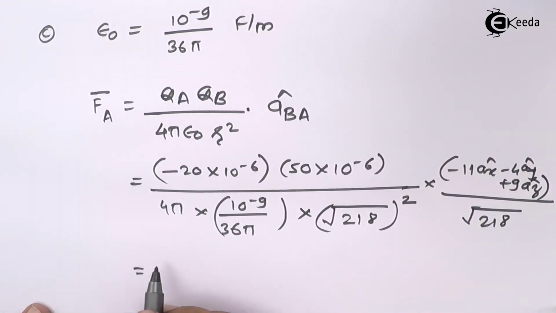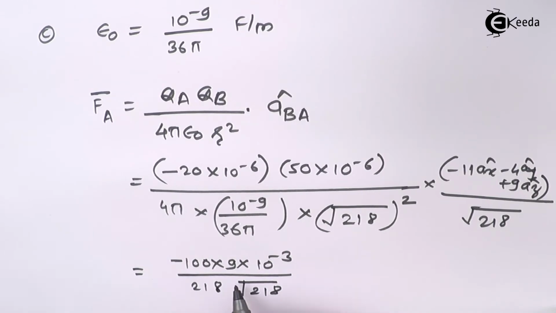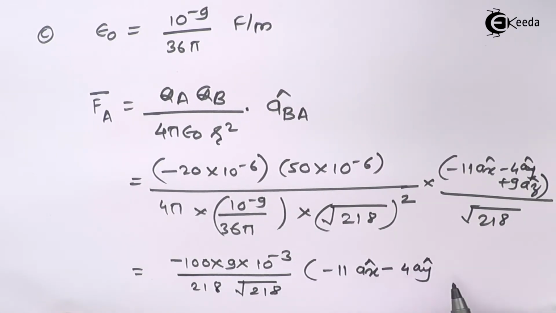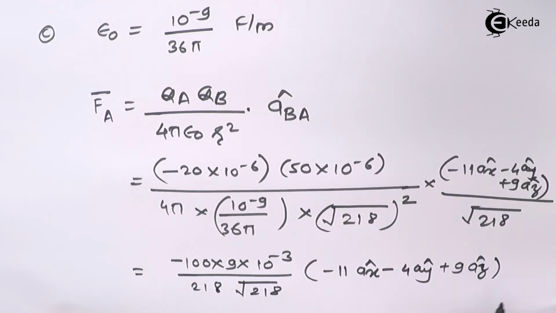So here we further get minus 100 into 9 into 10 raised to power minus 3 upon 218 under root 218, in bracket minus 11 AX cap minus 4 AY cap plus 9 AZ cap.